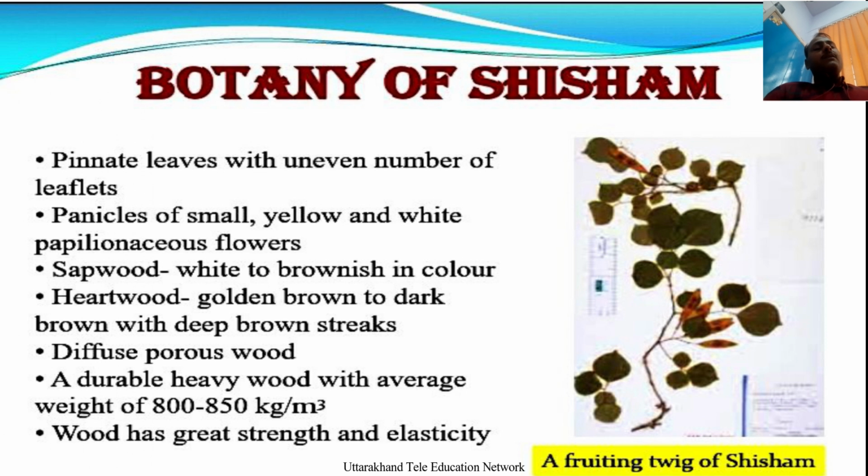Botanical description, important characteristics of Shisham. Here you may see a fruiting twig of Shisham where leaves can be seen, which are pinnate leaves with an uneven number of leaflets, and fruits can also be seen. Panicles of small yellow and white papilionaceous flowers are there.